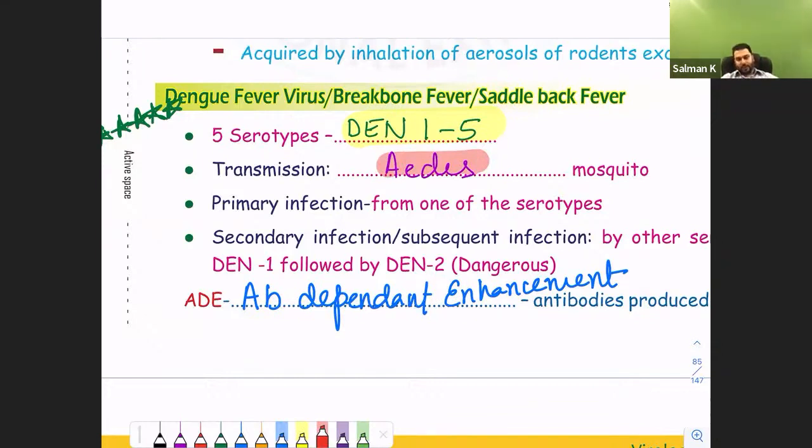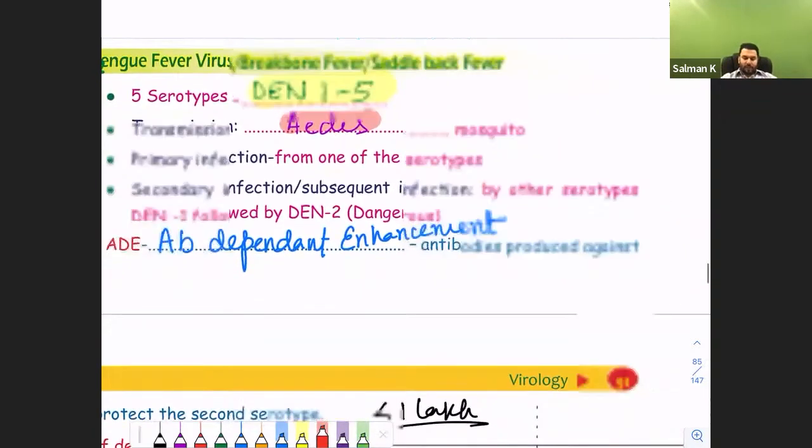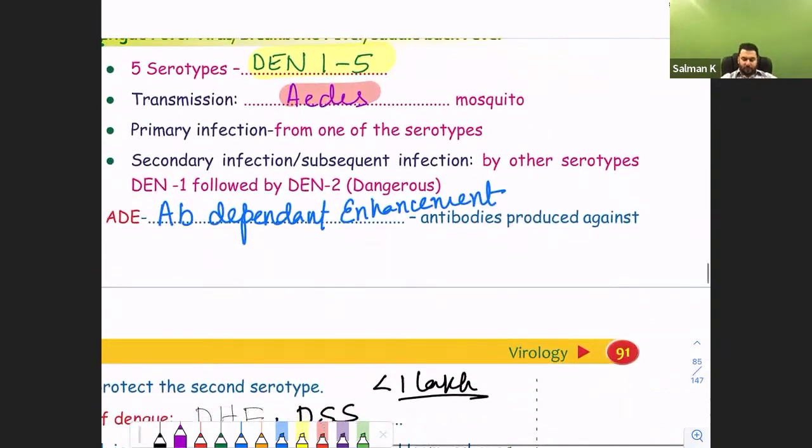Okay. Next, what is the specialty in this disease? Let's try and understand. The primary infection would be caused by one of the serotypes. Okay, one of the serotypes is going to cause the primary infection, and the secondary infection is going to happen after the primary, of course.